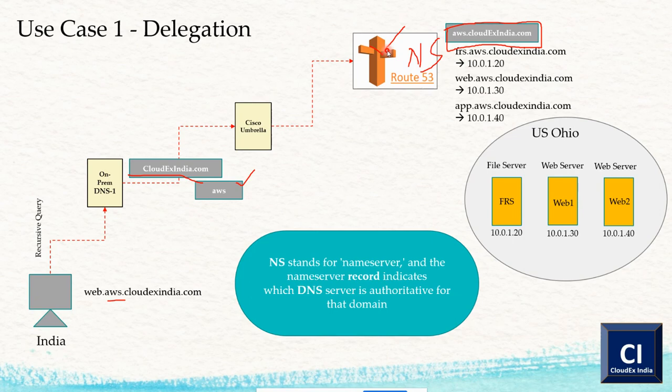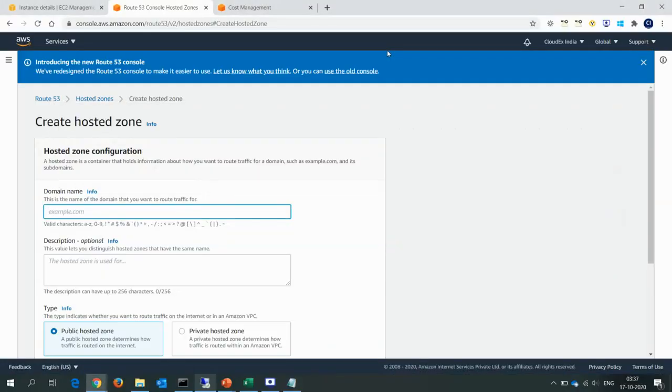You can give any name as per your testing or practical, but follow this structure. In your organization, follow whatever naming standard is used. So I'll give aws.cloudxindia.com. In the description bar, you can type anything. This is for the demonstration part.